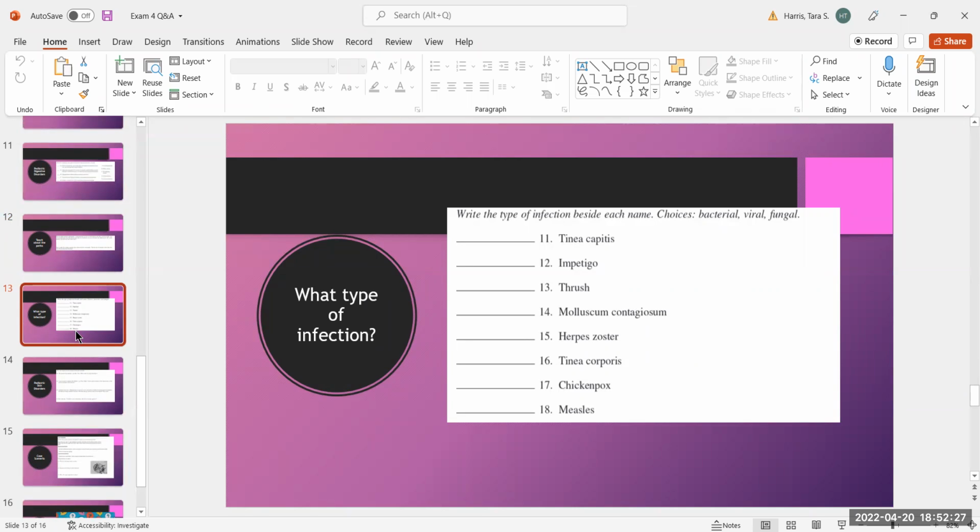So if you had a patient that had tinea capitis or tinea corporis, what would that be considered? A bacterial infection, fungal infection, or viral? Herpes zoster, chickenpox, or measles. So just be aware of what disease process would be considered bacterial versus viral versus fungal. Okay.